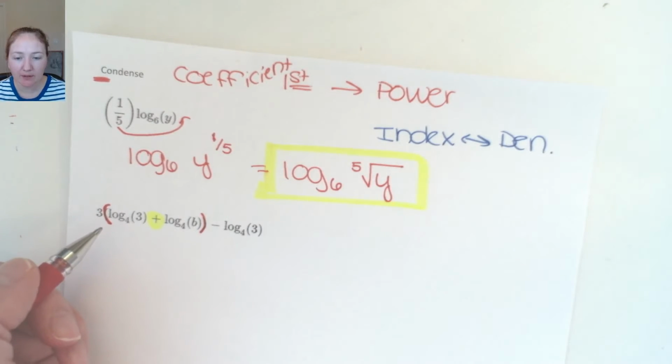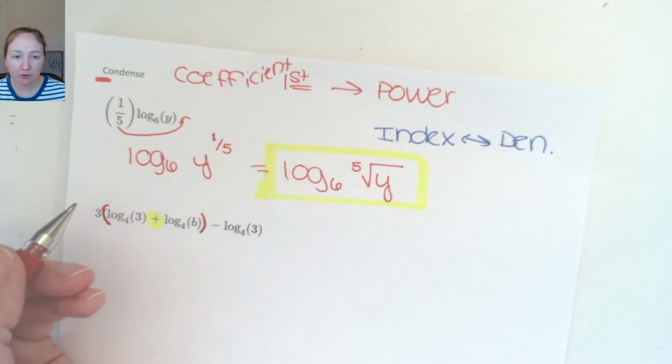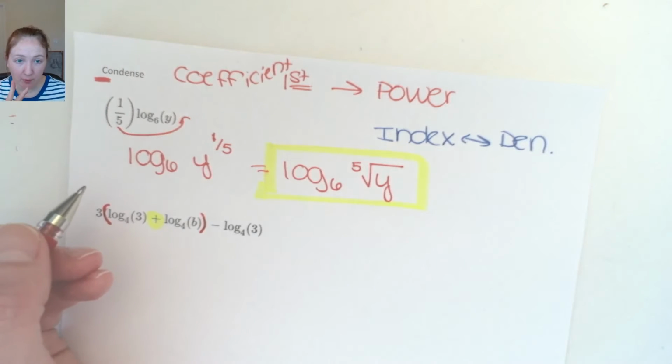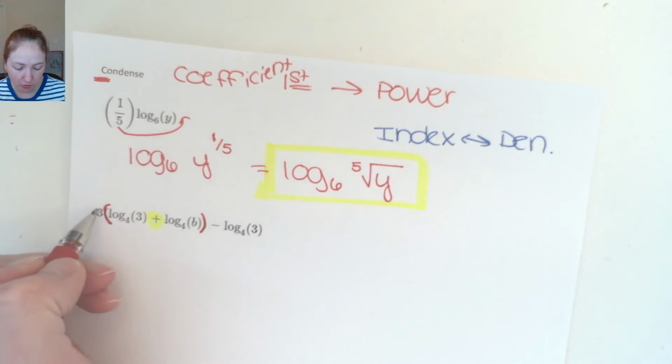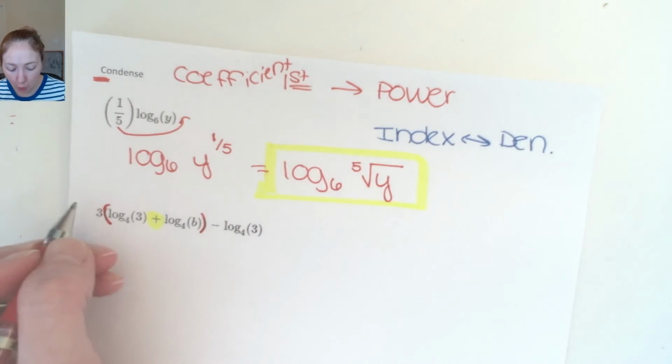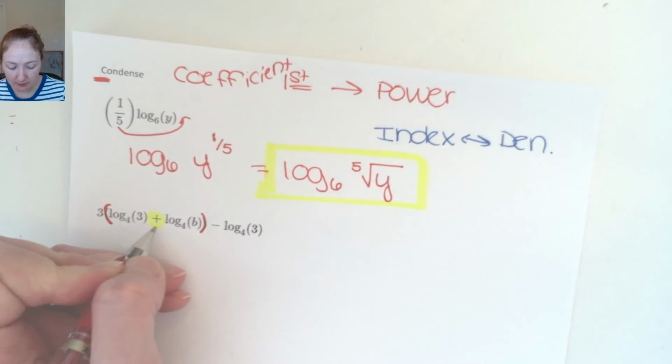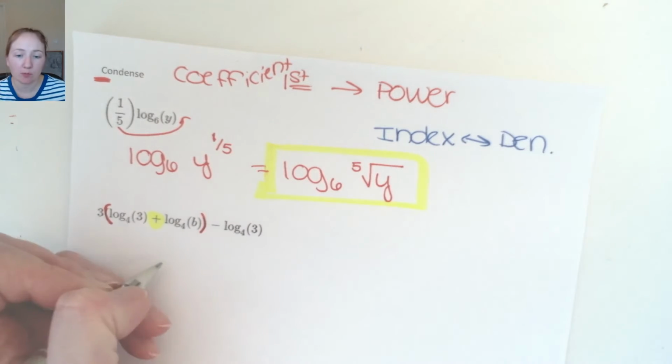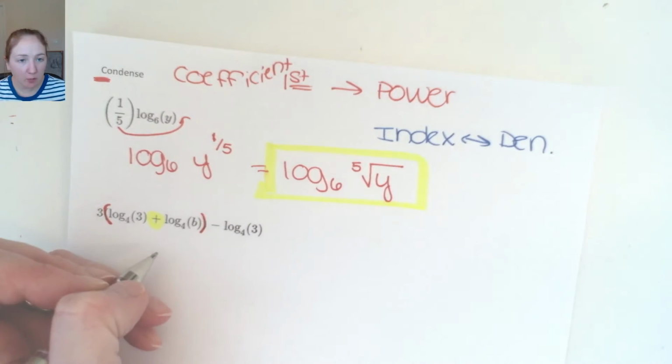I think probably the best thing would be to deal with the parentheses first. And there's 2 ways you could deal with the parentheses first. You could distribute the 3 to both of those terms. That would be perfectly fine. Or what you could do is you could say that the addition of these 2 logarithms would be multiplication. So either way is fine.